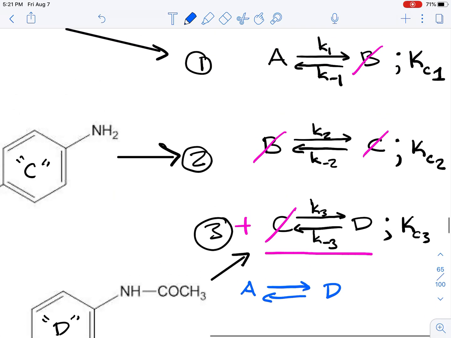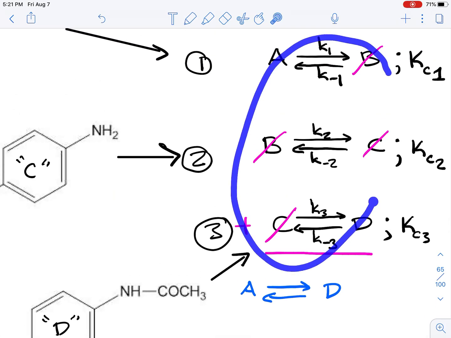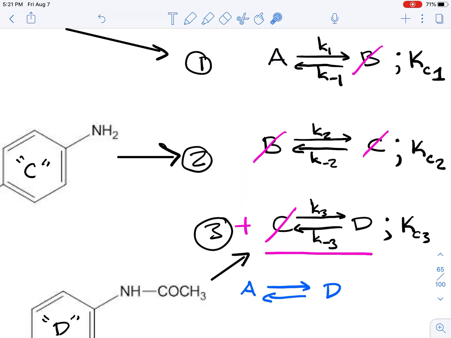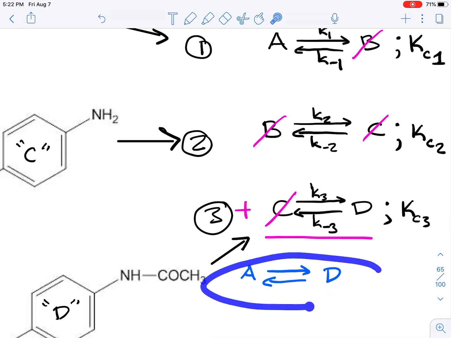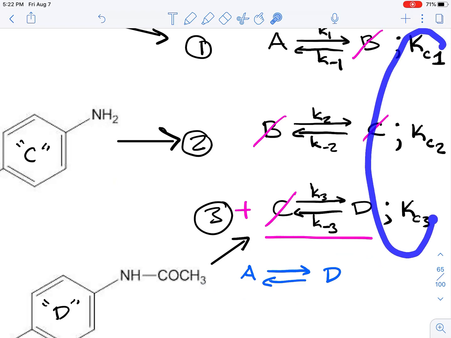When we add all 3 of these chemical reactions, what do we do with the equilibrium constants? The equilibrium constant for this overall chemical equation is going to be different than the equilibrium constants for each and every single one of the individual steps.